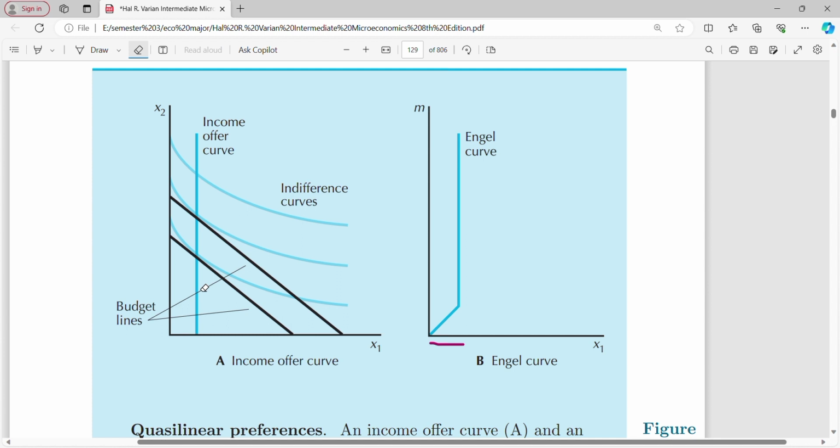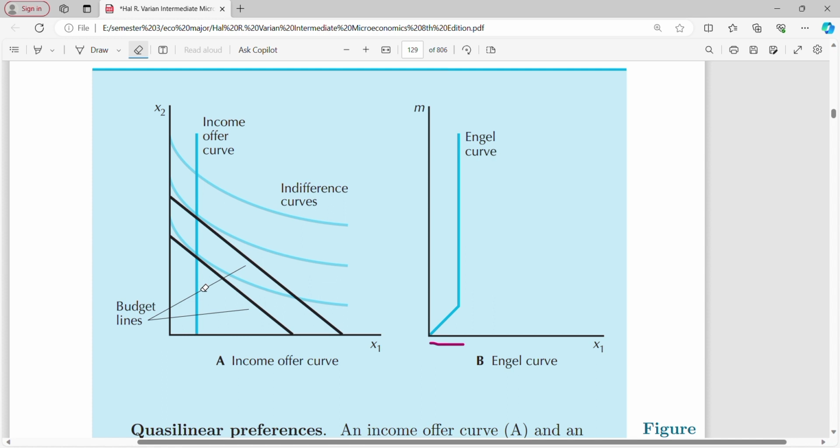Suppose good 1 is pencils and good 2 is the money to be spent on other goods. In the budget constraint chapter we studied this concept: good 1 is a particular good and good 2 is the money the consumer is willing to spend on all other goods.